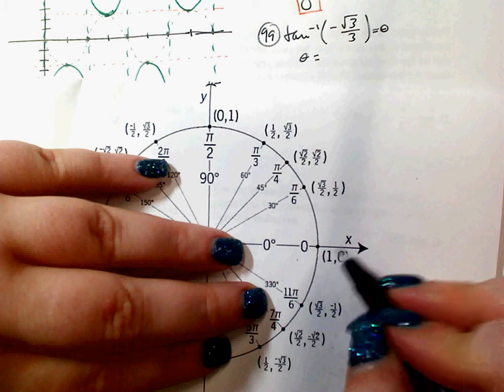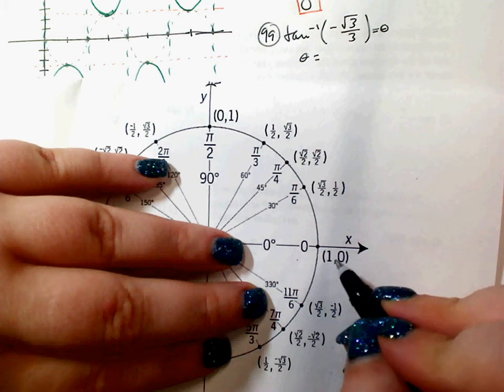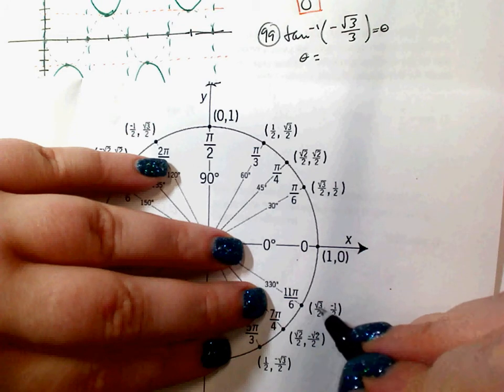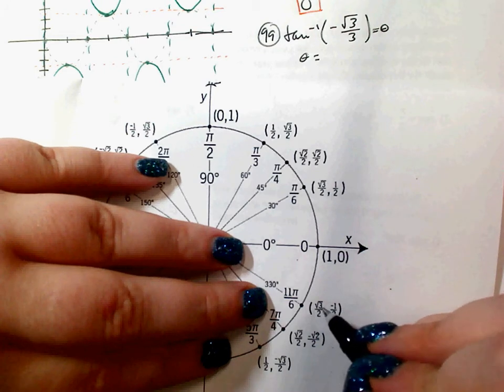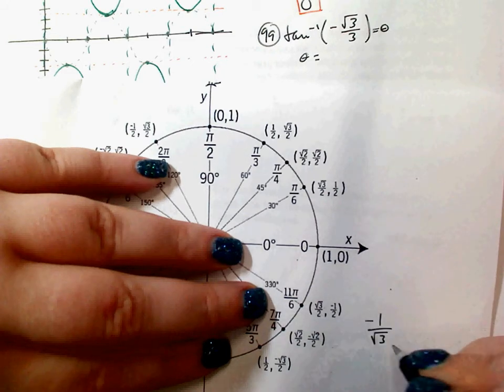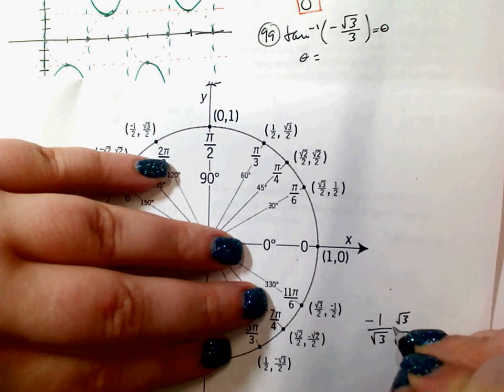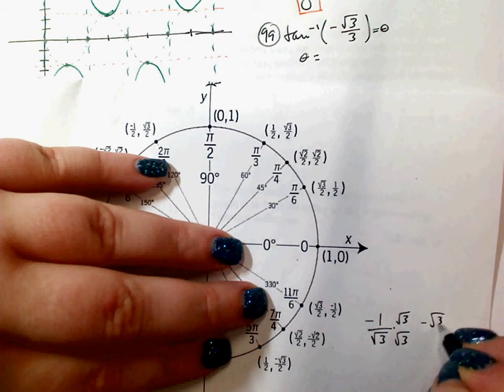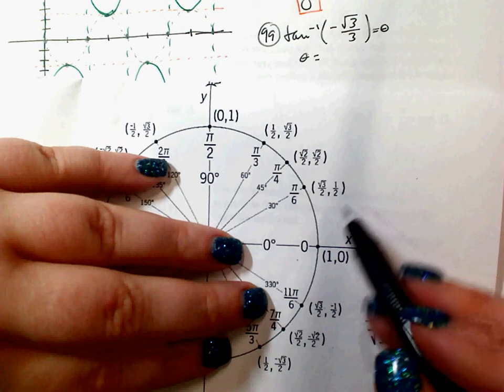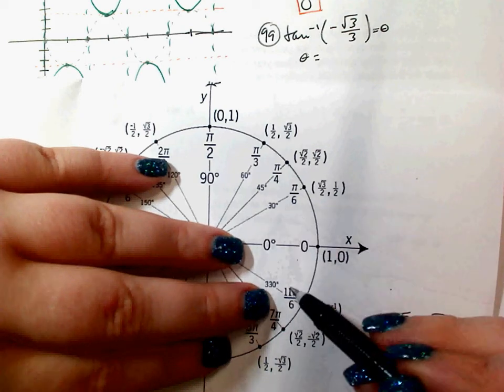So we take sine over cosine. 0 over 1 is 0. This right here is negative 1 divided by the square root of 3. If you rationalize top and bottom, multiply by square root of 3, then you're left with negative square root of 3 over 3. So tan inverse of negative square root of 3 over 3 is negative pi over 6.